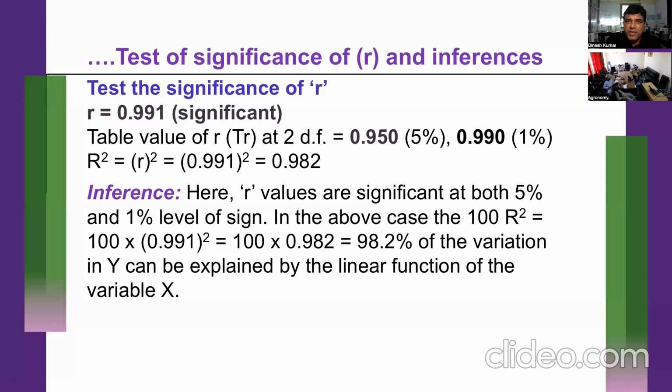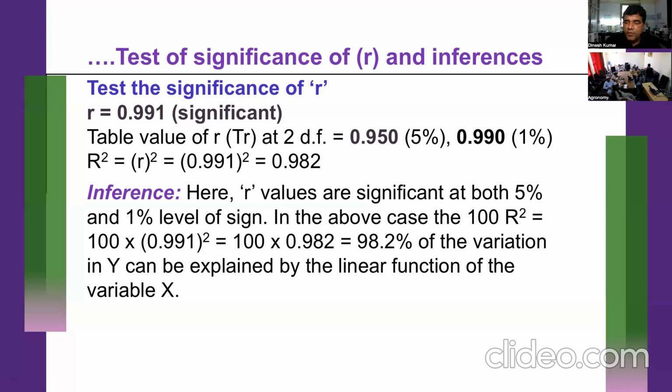There are two coefficients. One is correlation coefficient or coefficient of correlation. Other is coefficient of determination. If you square the value of correlation coefficient, it becomes coefficient of determination.